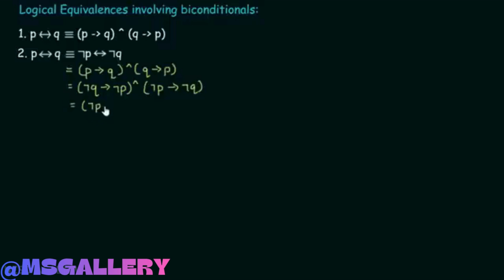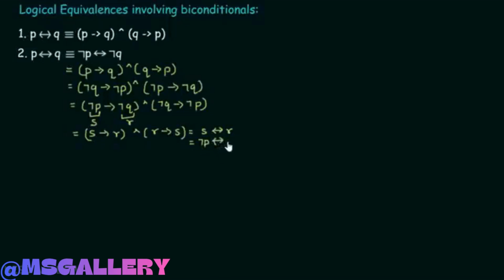This will be not P implies not Q and not Q implies not P. Let's say this one is S and this one is R. Then we can rewrite the statement as S implies R and R implies S, which is equivalent to S biconditional operator R. As S is not P, so we can write it as not P biconditional operator R is not Q, so we can write not Q instead of R. And this is our final result.